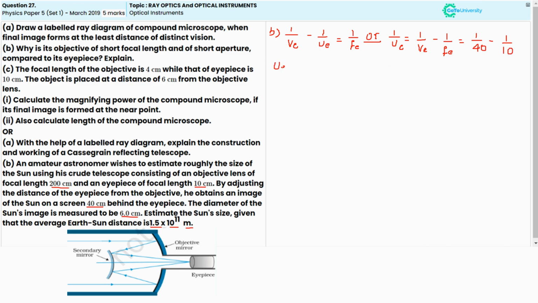Then U E is equal to 40 by 3 centimeter.